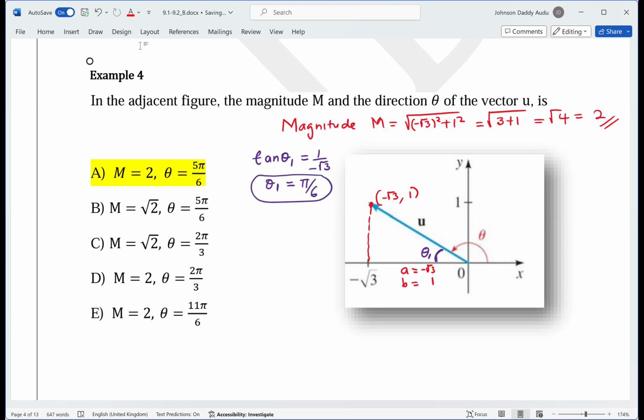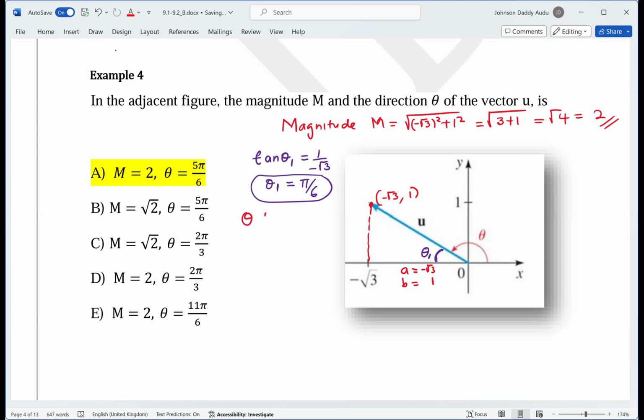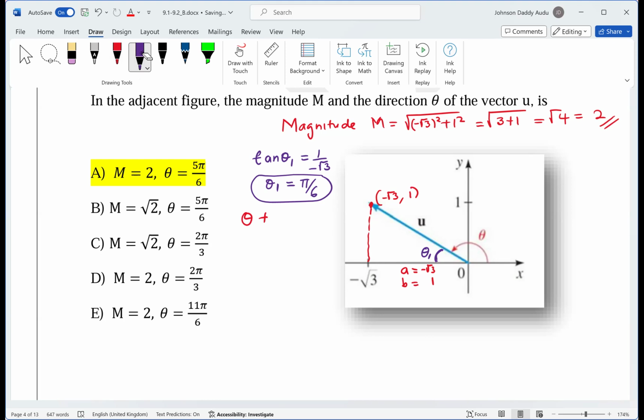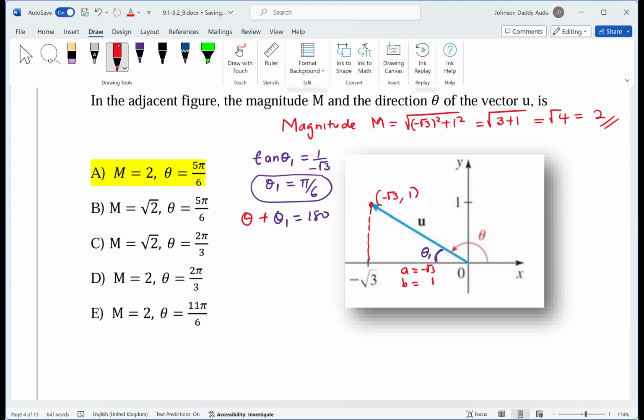Pi over 6. But now, if you look at this, what can we say? Remember, we are in which quadrant? We're in the second quadrant. So our theta is going to be, you see that theta plus theta 1 is simply 180, right? So what we need is the red theta.